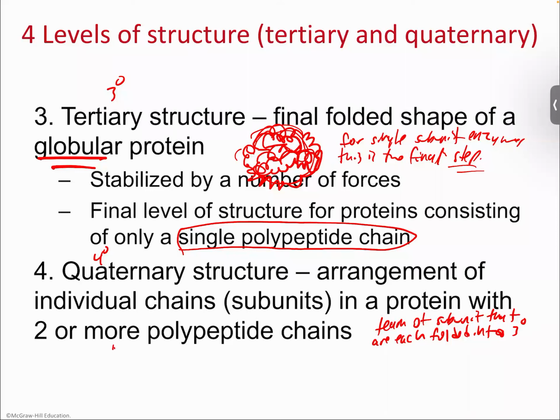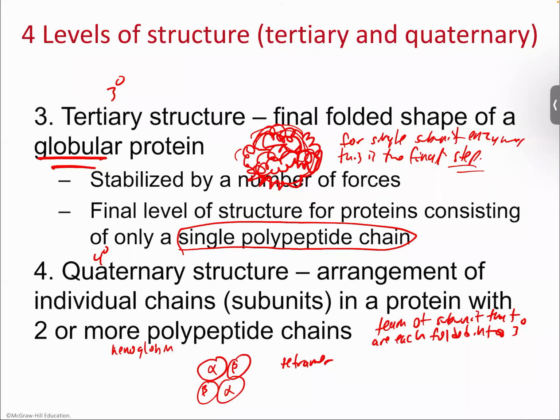A good example of this is hemoglobin. Hemoglobin is what's called a tetramer. Tetra, four things. It's composed of four different subunits, each of which are individually folded in tertiary structure. You have two alpha globins and two beta globins.